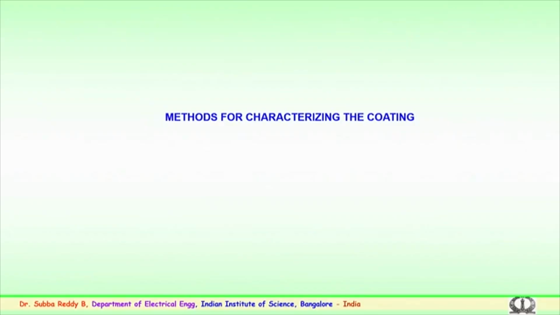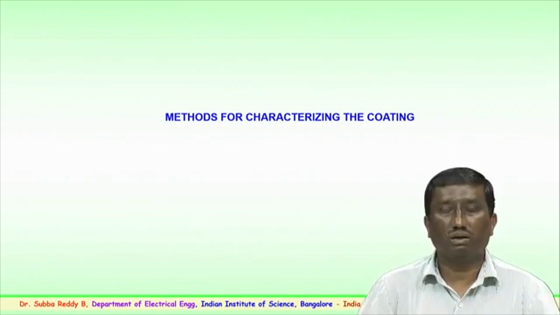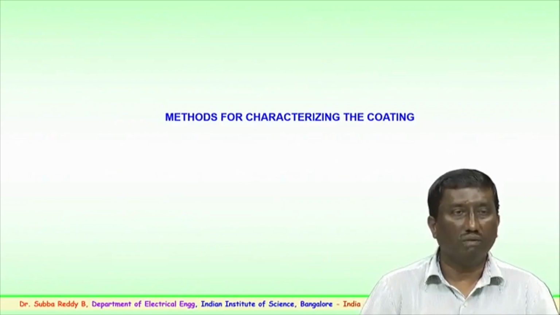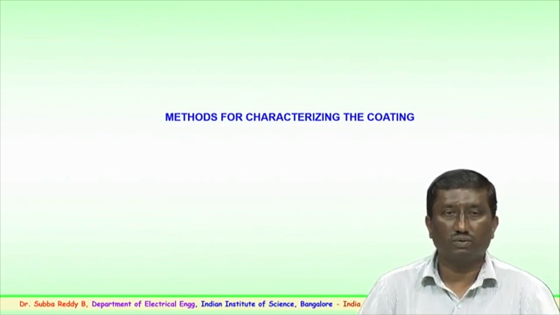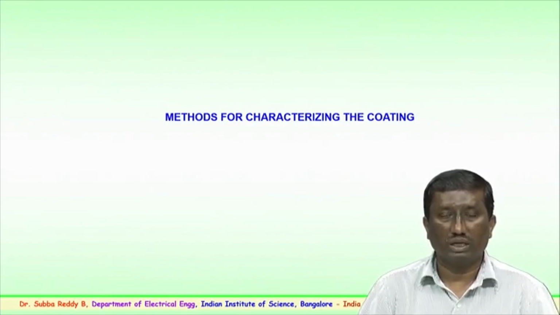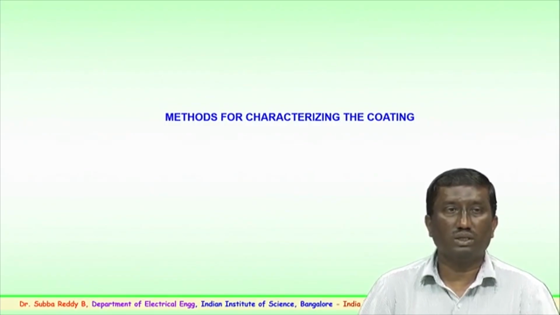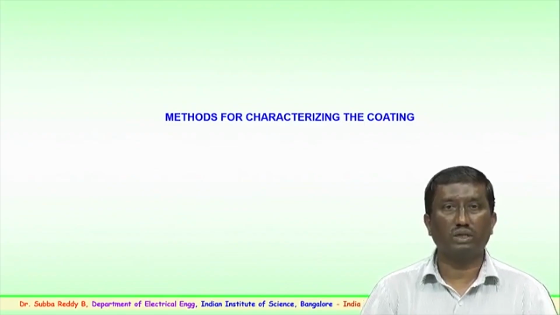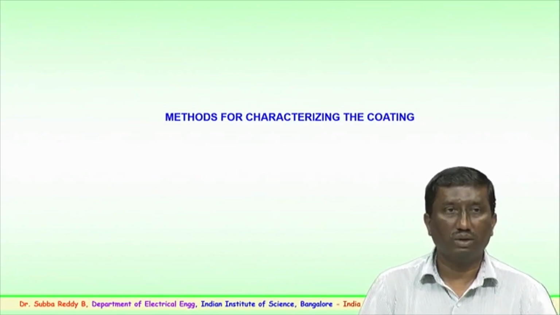Next we look into the methods for characterization of the coatings. We have discussed various types of coatings like the room temperature vulcanized silicon rubber coatings for ceramic, glass and also polymer insulators, but the techniques for polymer insulators are also being developed.